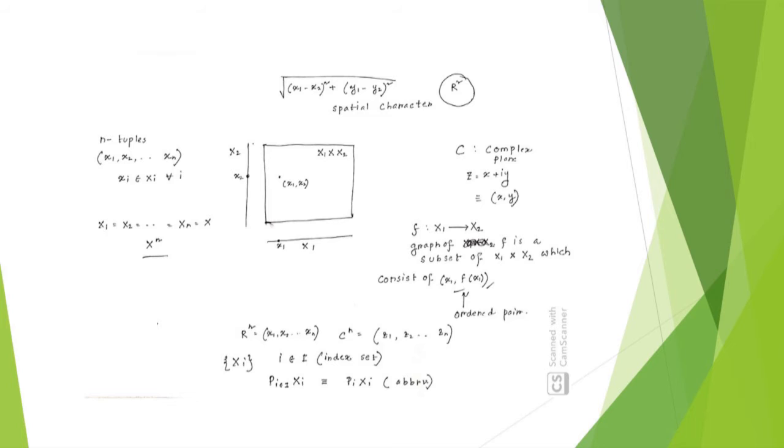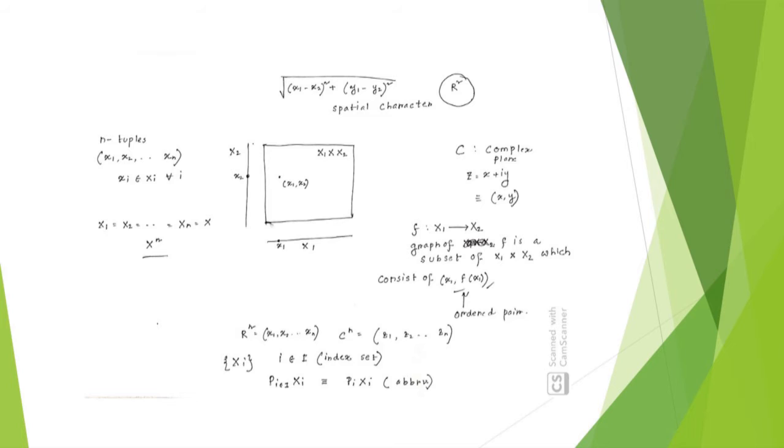So I'm again repeating, we have a function from X1 to X2. The f is a function from the set capital X1 to the set capital X2, where the set X1 is the domain of the function and the range lies in X2.